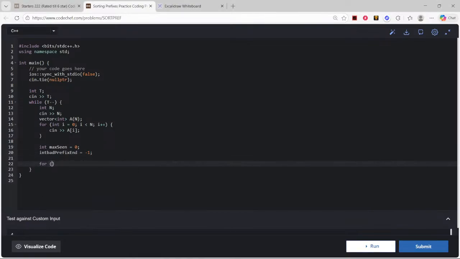So let's loop, then we loop for int i equal to 0.